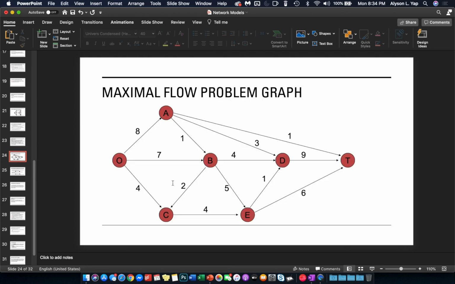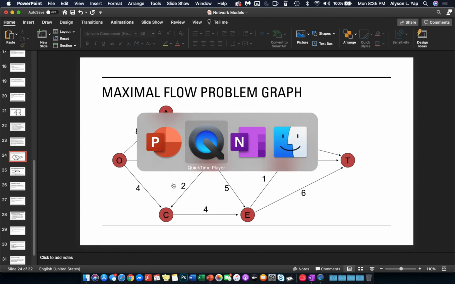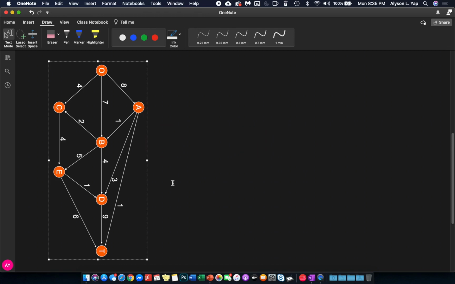So again, we will be using the same graph, maybe with different numbers. And what I'd like to do is rotate this graph, okay? Such that the origin is on top and the destination is at the bottom. Now, to understand the maximal flow problem, instead of imagining these edges or arcs to be roads, what if these are pipes, water pipes?